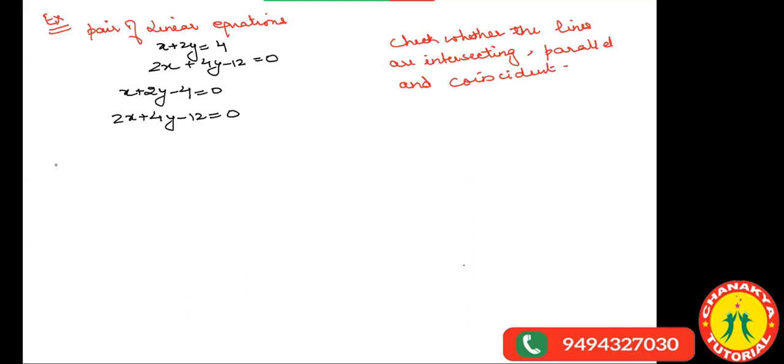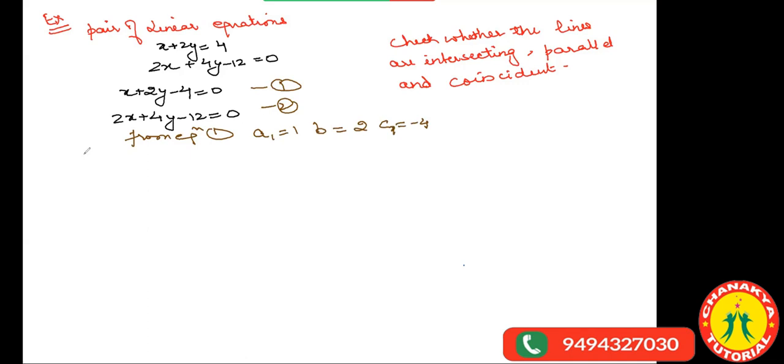Now tell me the values of A1, B1 and C1, Sudhamshu. A1 is equal to 1. B1 is equal to 2. And C1 is equal to minus 4. Yes, good, beta.